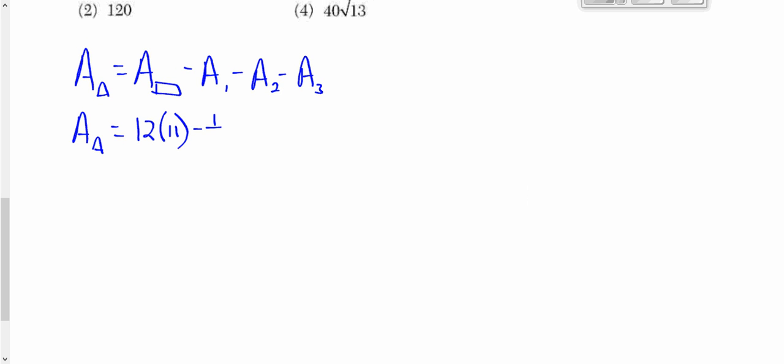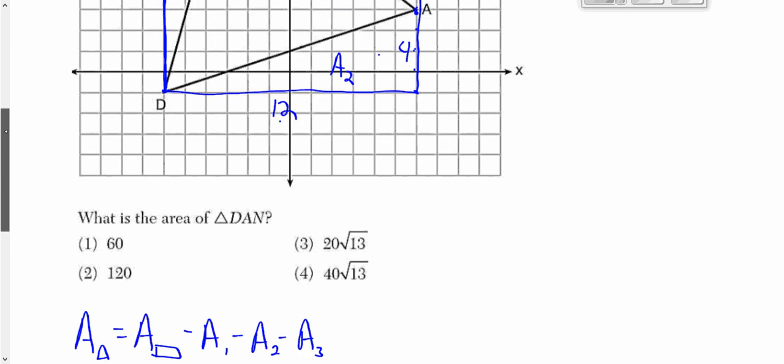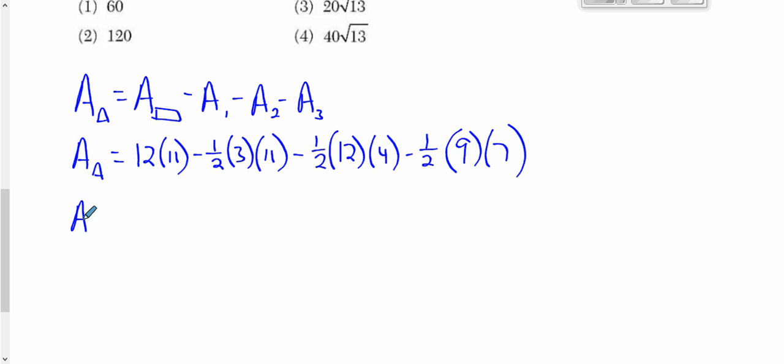So minus 1/2 times 3 times 11, minus 1/2 for triangle 2, over here was 1/2 of 12 times 4. Minus the last triangle, 1/2 of 9 times 7. Okay? So if we go through and work this out, if you have to use your calculator, I suppose that's okay.